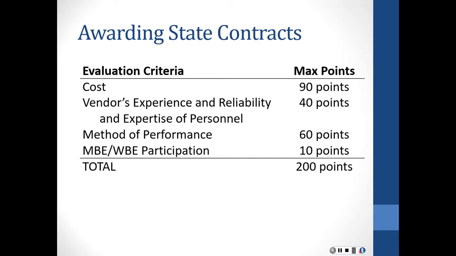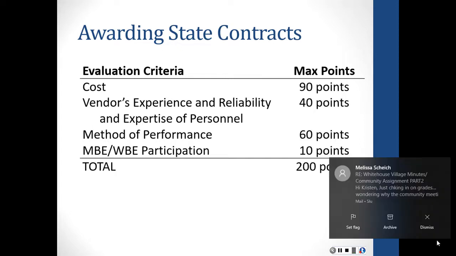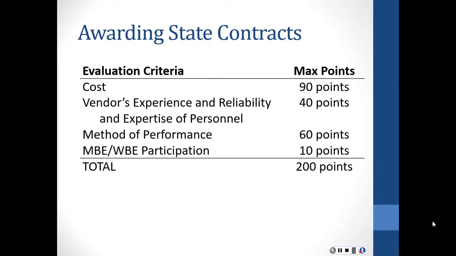So the state of Missouri kind of decided that in awarding our contracts, all of the contracts, we're going to give bonus points if the business is owned by someone who is from a racial minority background or owned by a woman.